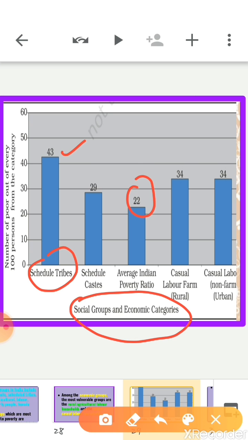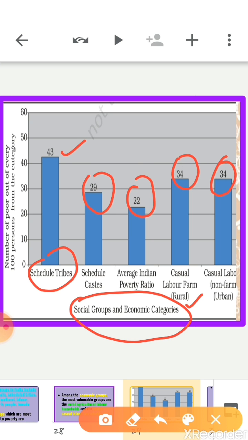Similarly, 34% of casual labor households in urban areas are below the poverty line, and about 34% of casual labor households in rural areas, and 29% of scheduled castes are also poor.